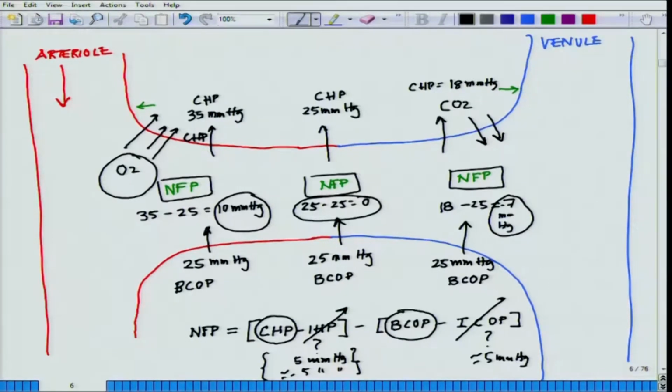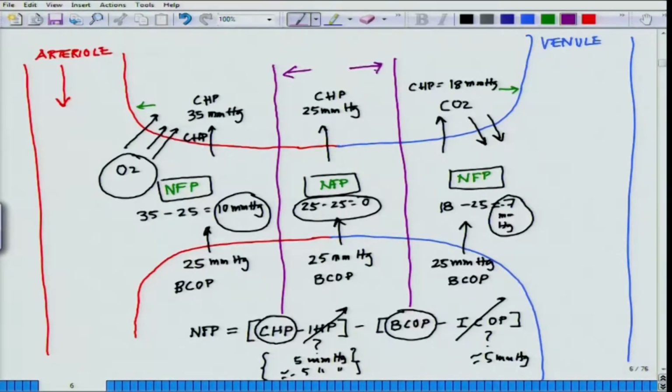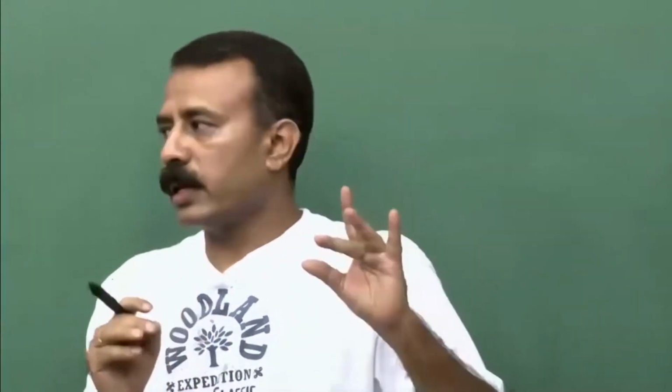Whereas, if you concentrate on this zone out here, it's good I put this line, you could demarcate all the three zones. There is hardly any exchange taking place, because here the pressure difference between inside and outside is 0. If you remember in the membrane physiology we talked about, it is the pressure difference which ensures the filtration is taking place.